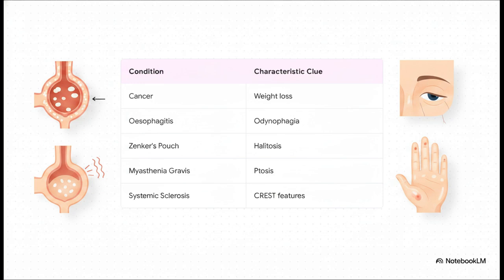Or picture this, an elderly patient complains of regurgitating undigested food and has terrible bad breath. That points straight to Zenker's diverticulum, where food is literally rotting in an anatomical pouch. And if they have dysphagia accompanied by droopy eyelids, ptosis, you're looking at a systemic neuromuscular issue like myasthenia gravis. The clues are all right there. You just have to listen for them.